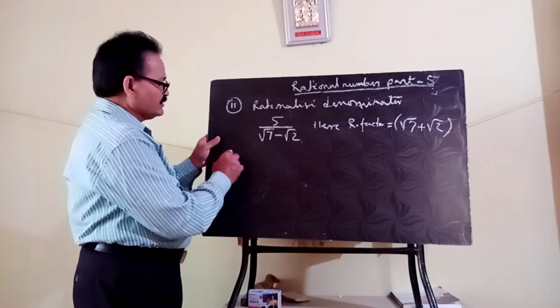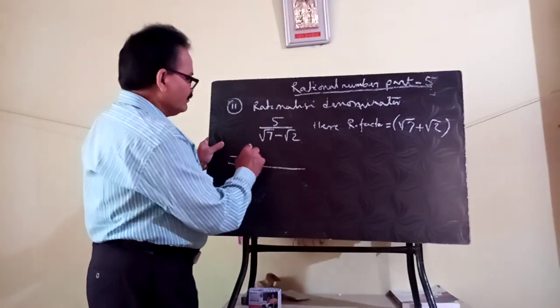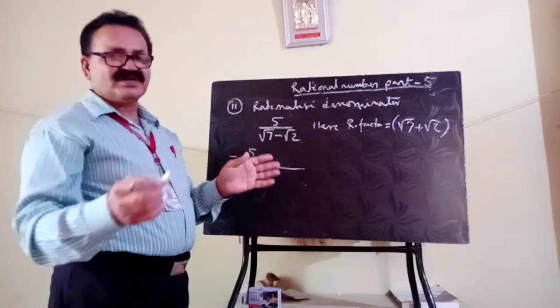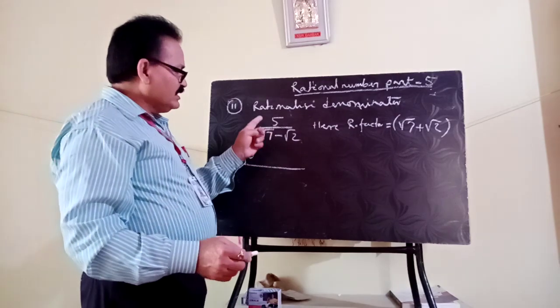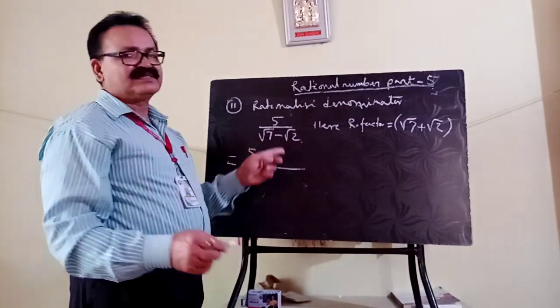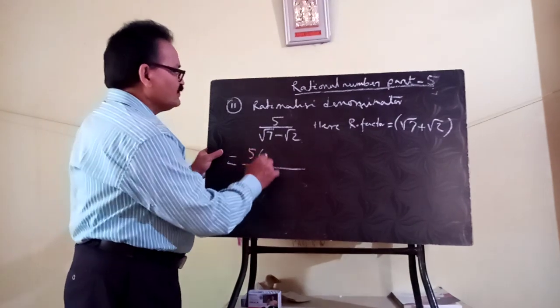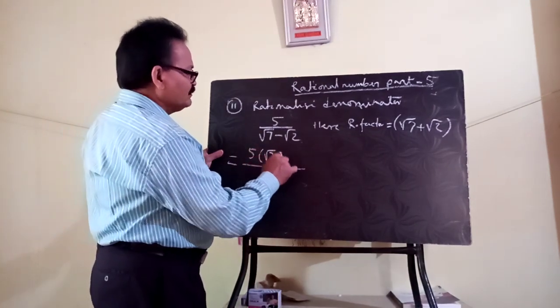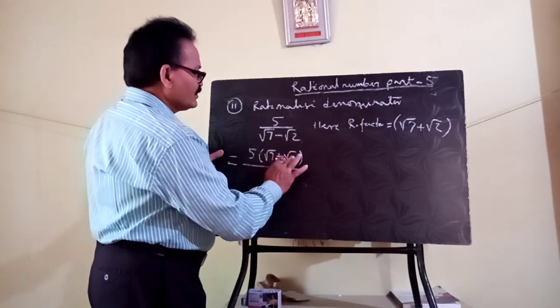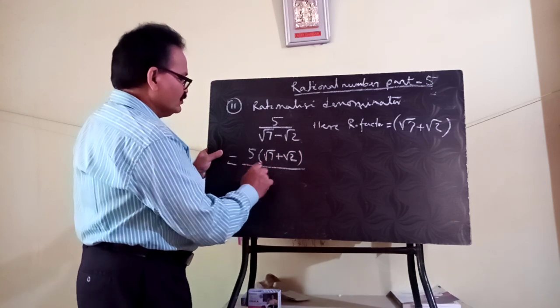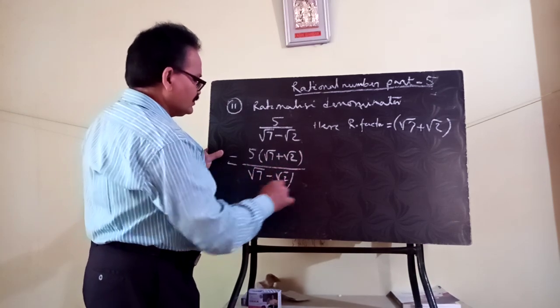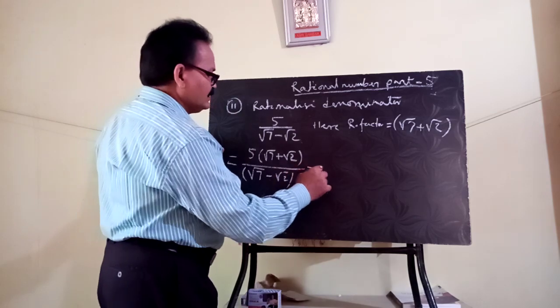For making an equivalent fraction, you have to multiply both numerator and denominator by its rationalizing factor. So 5 into root 7 plus root 2, over root 7 minus root 2, then what will happen?